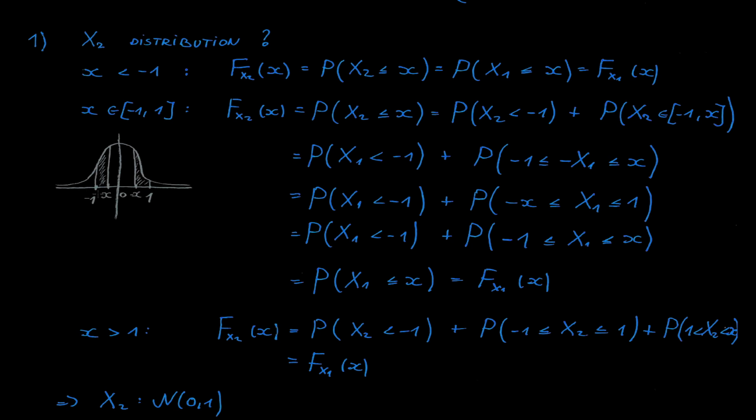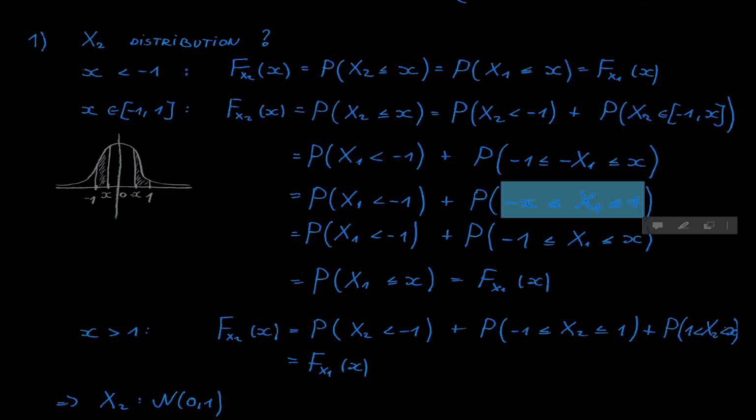If x is negative, then minus x is positive, so the area between -x and 1 will be this area here, because we have a standard normal distribution. This probability is equal to the one we get if we take from -1 to x, because the distribution is symmetric around 0, our mean.